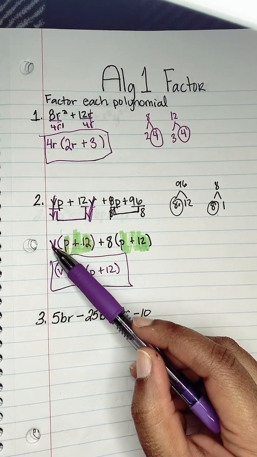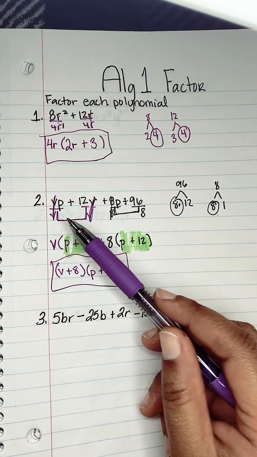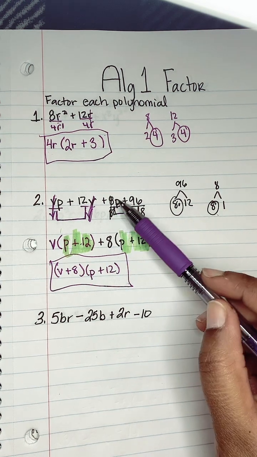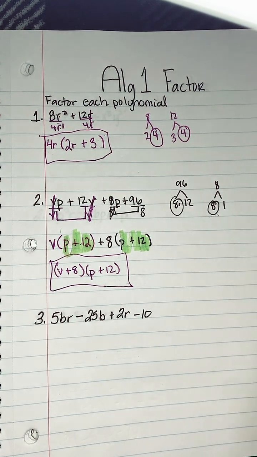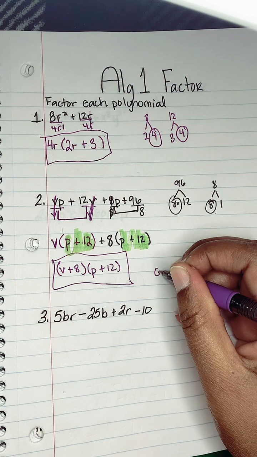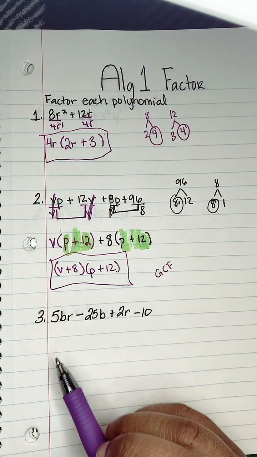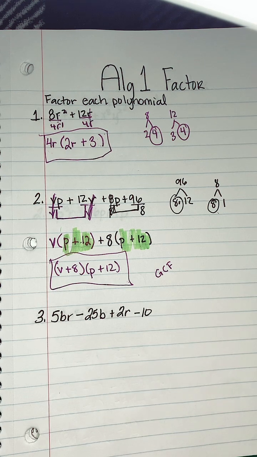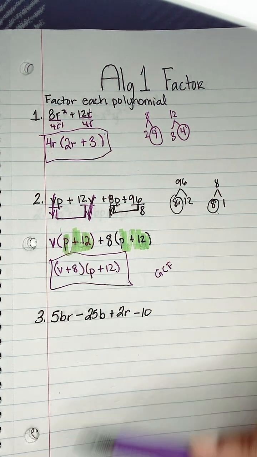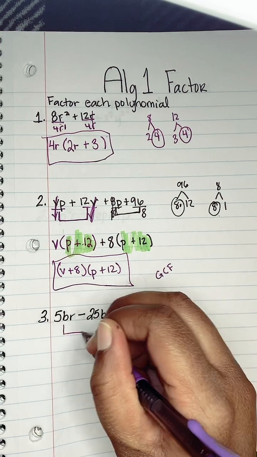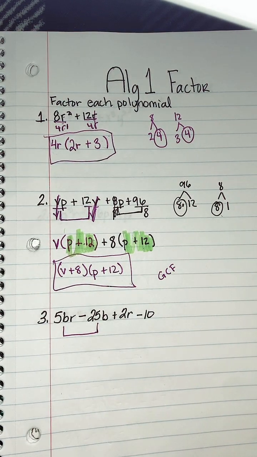So V is the greatest common factor here, 8 is the greatest common factor, because you always want to pull out the GCF, okay? So we could pull out smaller numbers, but then we'll still be having to pull out more in the long run. Okay, so I hope that makes sense.